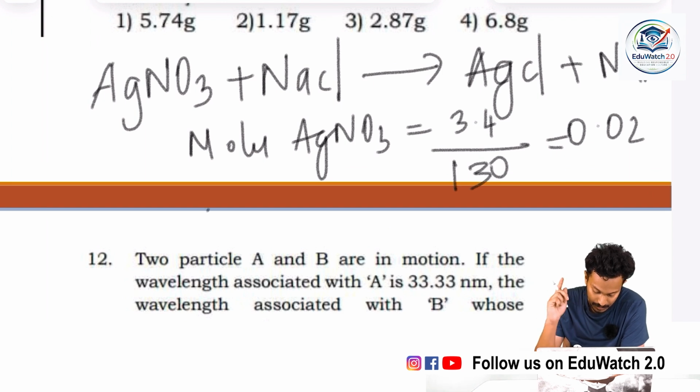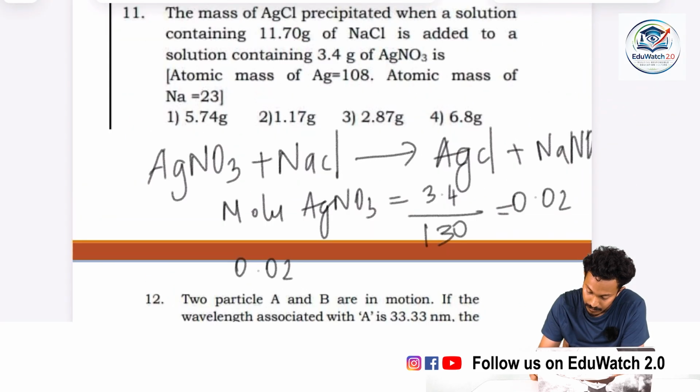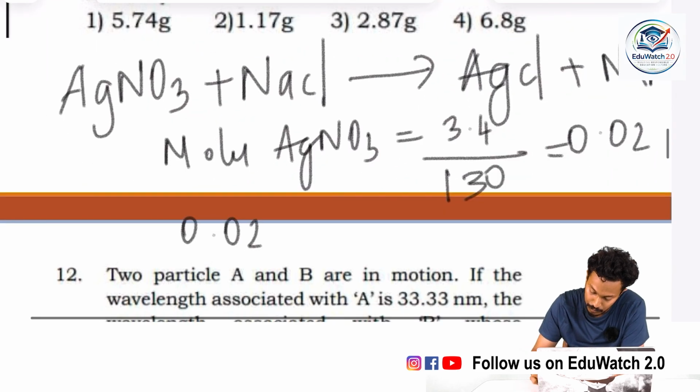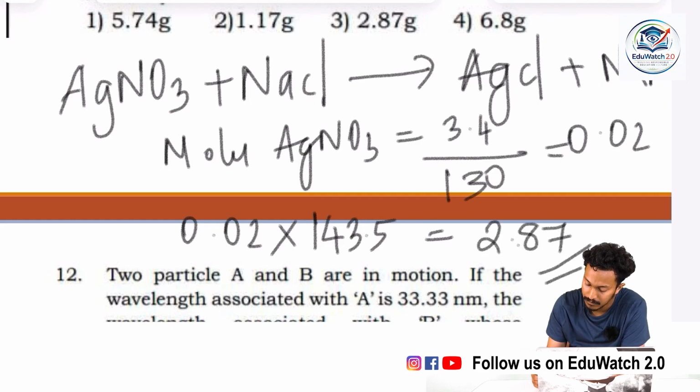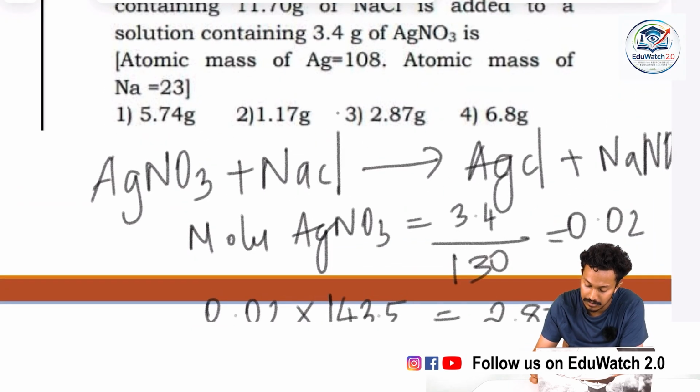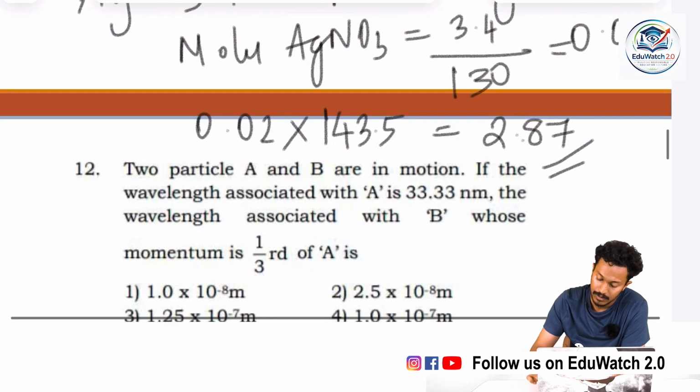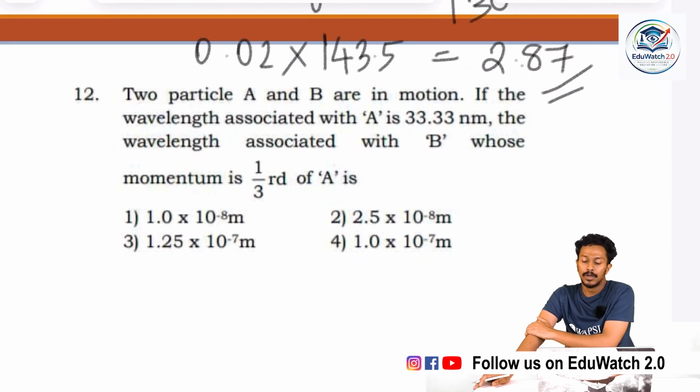And silver chloride gives 0.02, isn't it? Yes, 0.02 moles of silver chloride times 143.5, which is 2.87. Do we have the option 2.87? Yes, it is option 3. Okay, moving on to the next question. Two particles A and B are in motion.